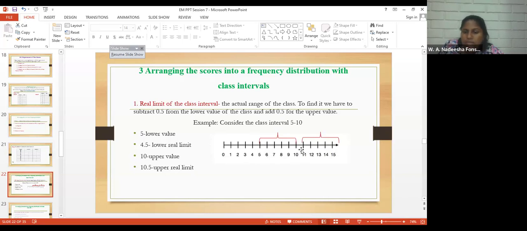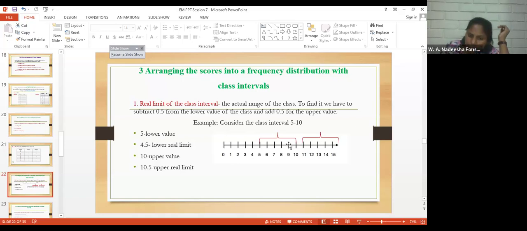See? Then the second interval is 11 to 16. The lower value is 11, so to find the lower real limit, we subtract 0.5 from 11. That becomes 10.5.